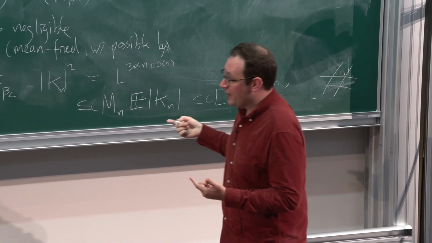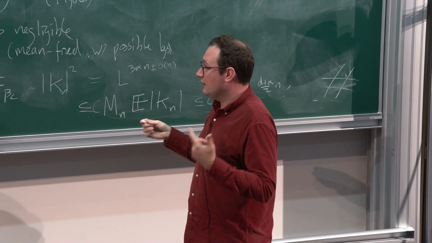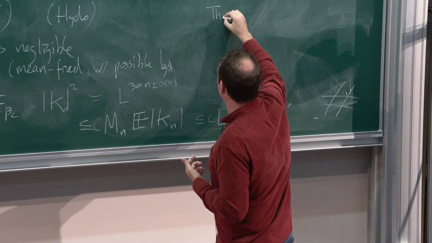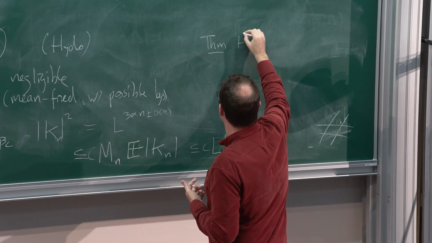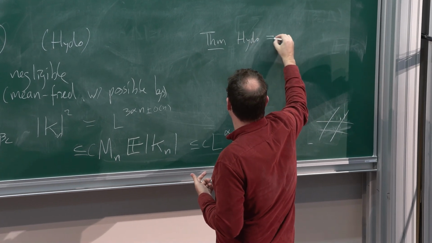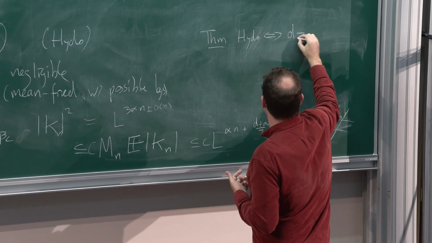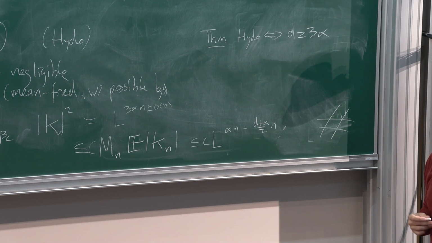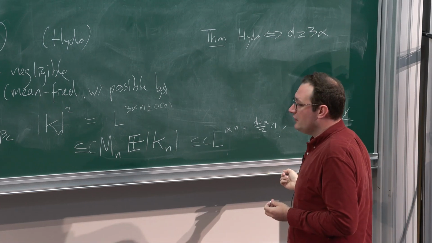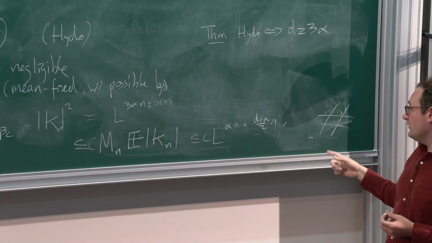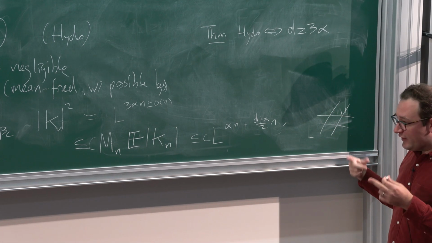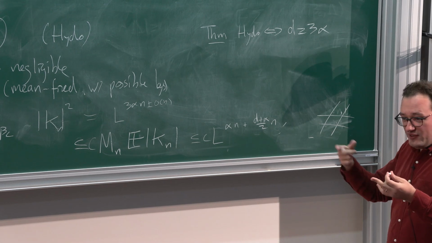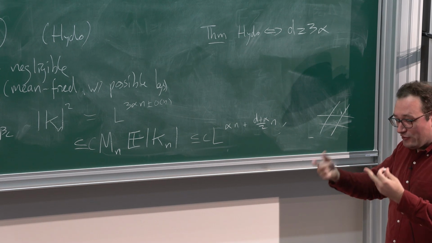Okay? And in fact, what we prove, the theorem in the hierarchical case, is that the hydrodynamic condition holds if and only if d is greater than or equal to 3 alpha. So it holds, including at the critical dimension. Okay? But what you see, and it's very funny I think, is that the way you understand the low-dimensional case is basically by contradiction.